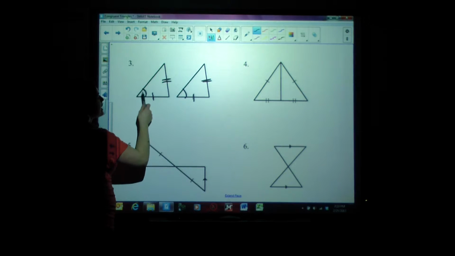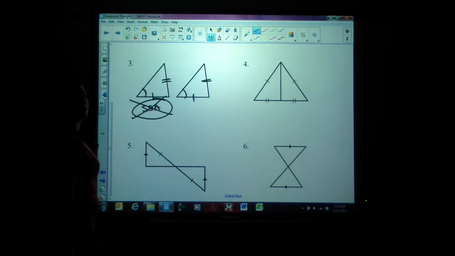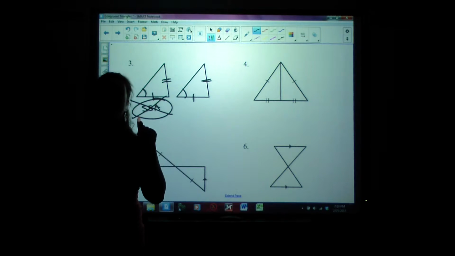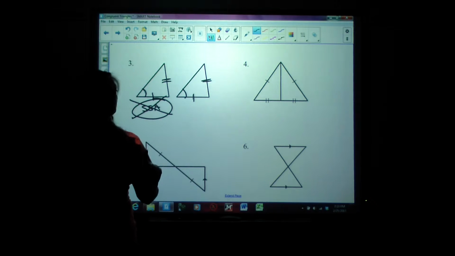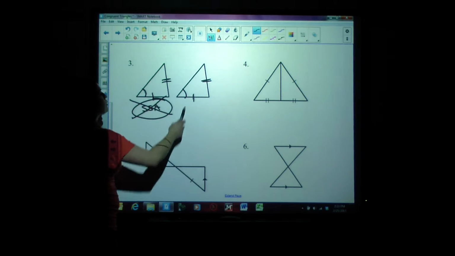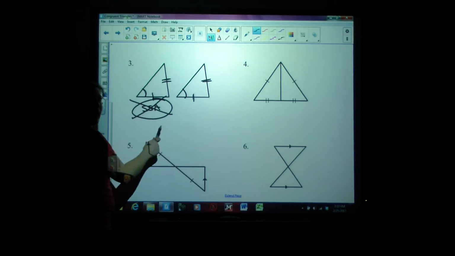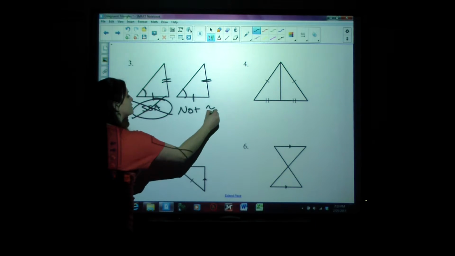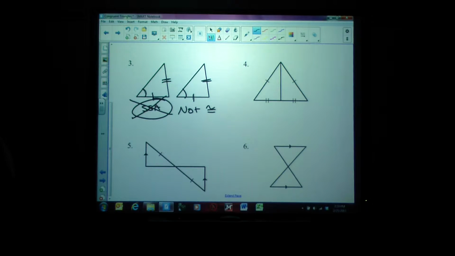So this is a side-side-angle, which is a big old no-no. Do not do that. That does not prove congruence ever. It does not work. We do not know that these triangles are congruent. We do not have enough information. So these are not congruent because we do not have enough information.